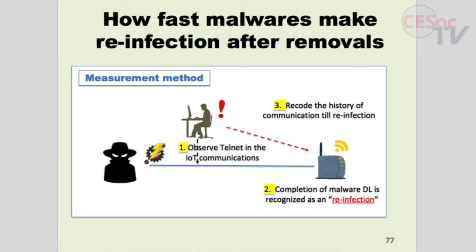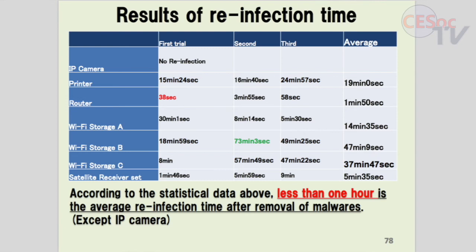Do you guess what the result is? This is the data. The shortest reinfection period is only 38 seconds. According to our statistical data, using the table above, less than 1 hour is the average reinfection time after removal of malware.